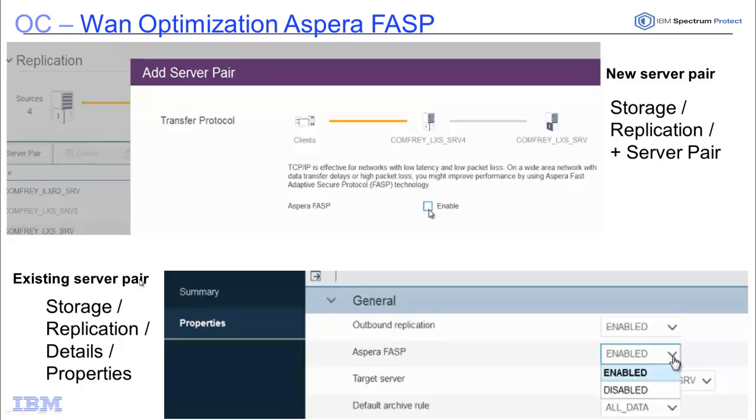For an existing server pair, you could go into Storage, Replication, and then drill down into the details. And here on the Properties page, you can click the Enable or Disable Aspera FASP.